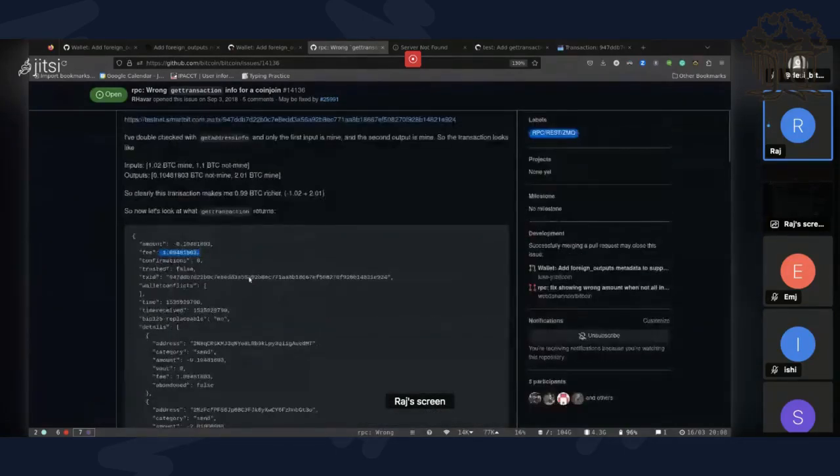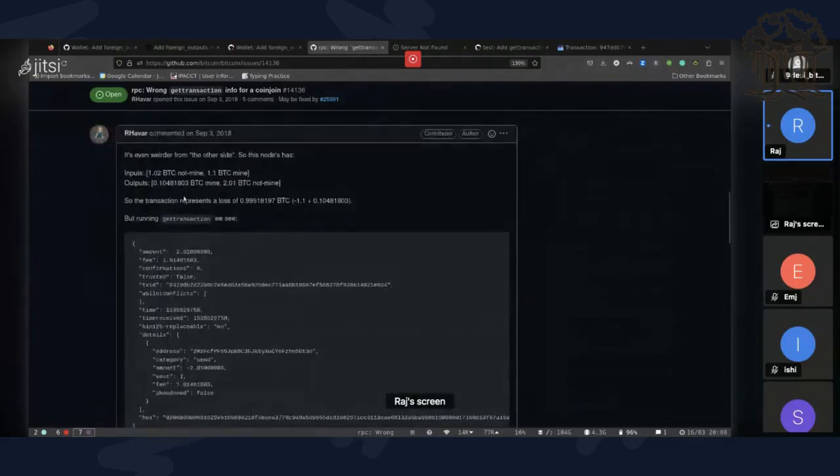And then later another person shows a transaction from the other wallet's side, where the 1.1 is mine and 0.104 is mine. So these two are mine and these are not mine. For them the transaction should be a gain of this much, but it's showing some loss of -2, and the fee is also clearly wrong, this value.